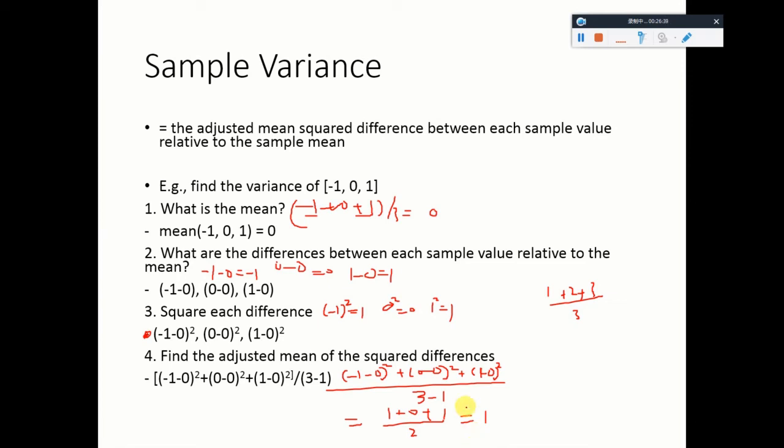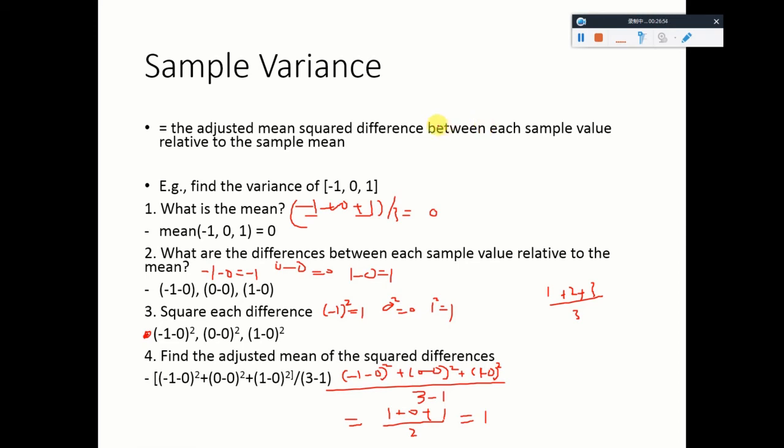Easy, huh? Okay, so now we know how to dissect this sentence: the adjusted mean squared difference between each sample value relative to the sample mean.